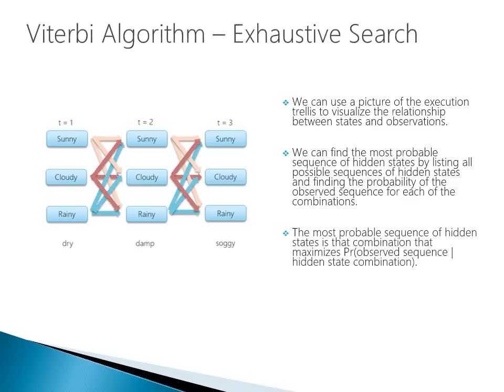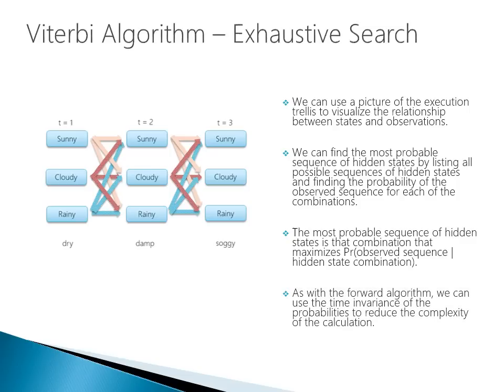The most probable sequence of hidden states is that combination that maximizes the probability of the observed sequence from the hidden state combinations. As with the forward algorithm, we can use the time invariance of the probabilities to reduce the complexity of the calculation.